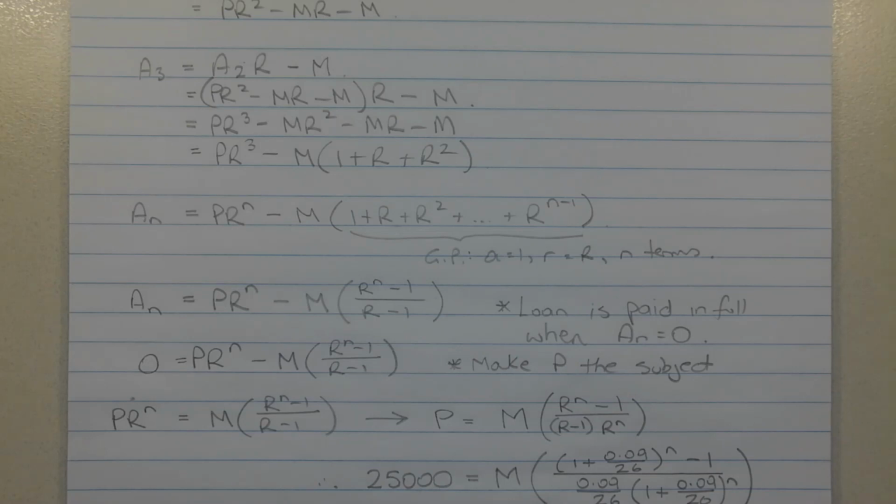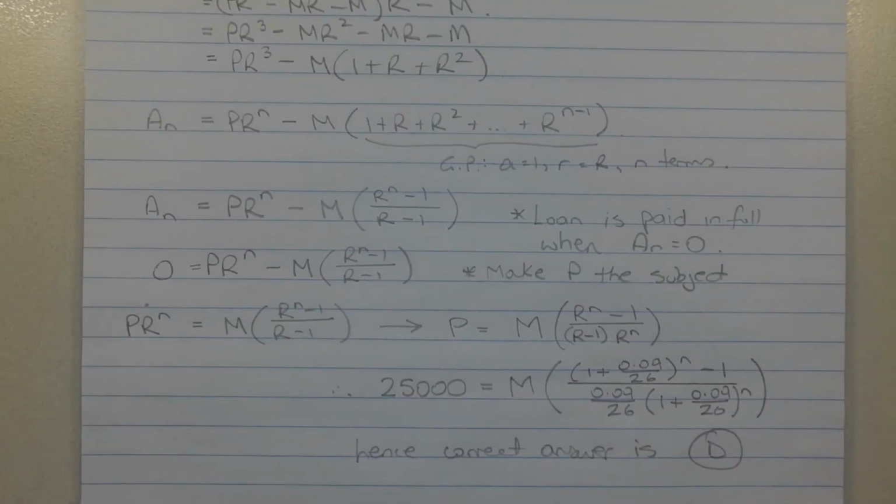Now the next thing to note is that the loan is paid in full when AN is equal to 0. In other words, there's no more money outstanding. So substituting 0 for AN here, we get 0 is equal to PR to the power of n minus M outside of R to the power of n minus 1 over R minus 1 in brackets.